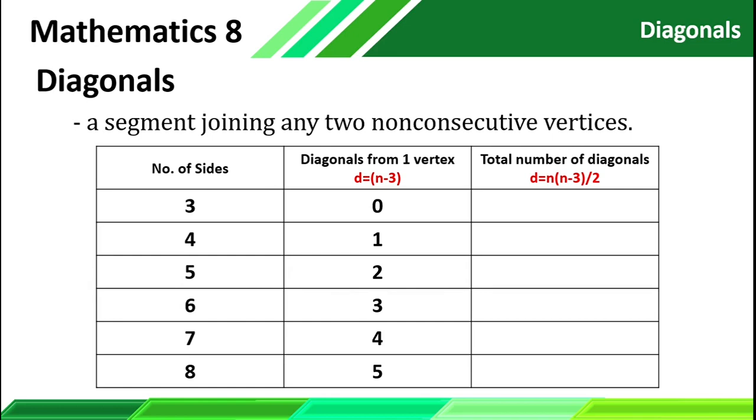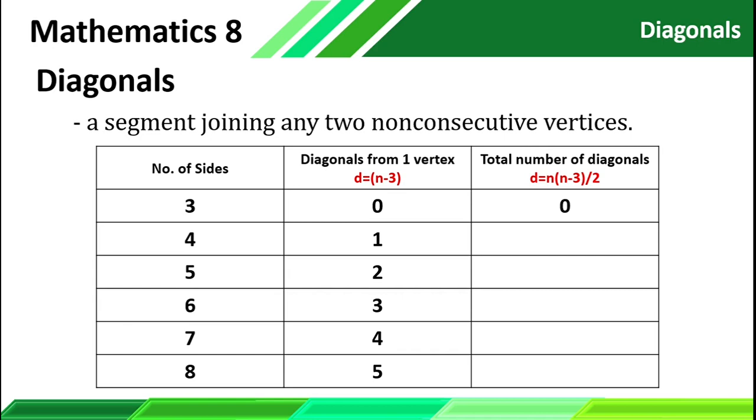However, when we talk about the total number of diagonals, we can use the formula n times the quantity n minus 3, divided by 2. So in this given, if we have a triangle, n minus 3 is 0, multiplied by 3, which is our n, that is 0 as well, and 0 divided by 2 is still 0.